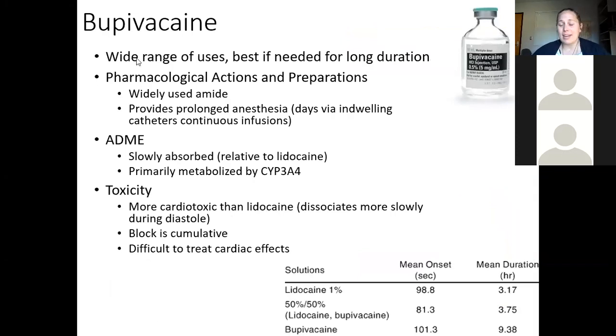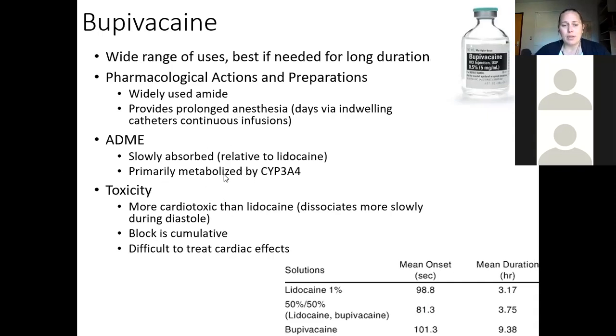Bupivacaine again has a wide range of uses, and that's why cocaine, lidocaine, and bupivacaine are being presented separately. The difference with this particular drug is that it has a much longer duration of action versus some of the other ones. So if you need some type of prolonged local anesthetic, this is actually the drug of choice. It can be applied via indwelling catheters and continuous infusions.